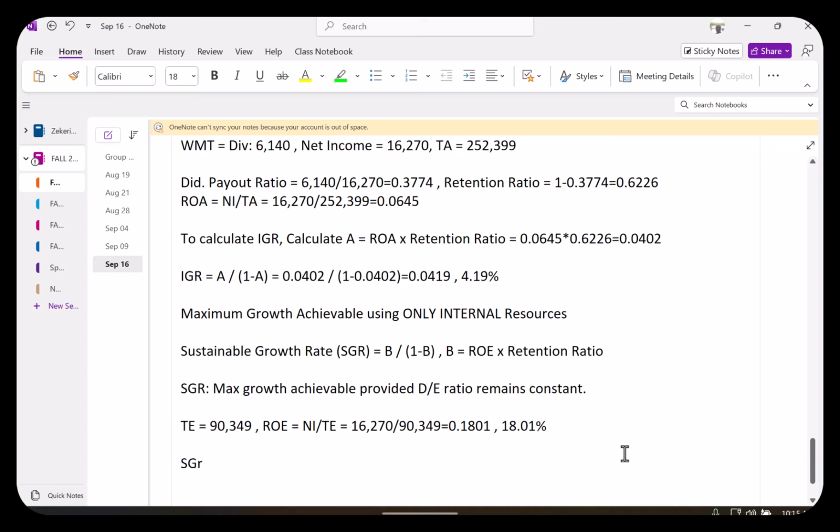And to calculate SGR, first calculate B, ROE times retention, since we calculated that up there.